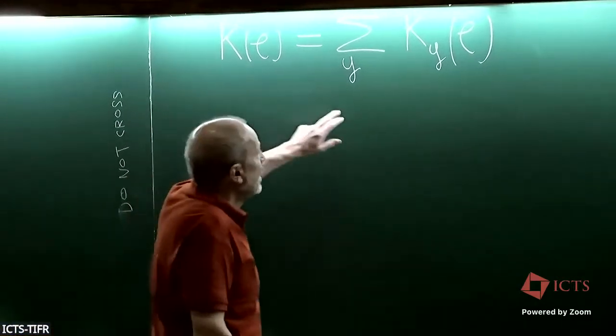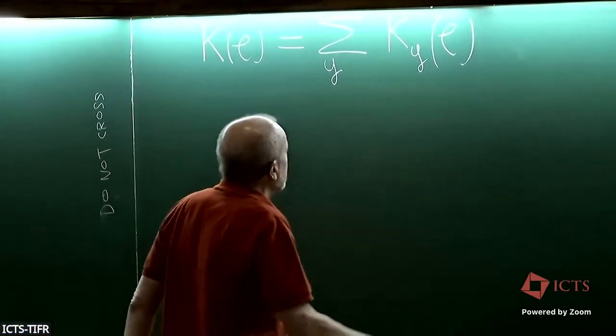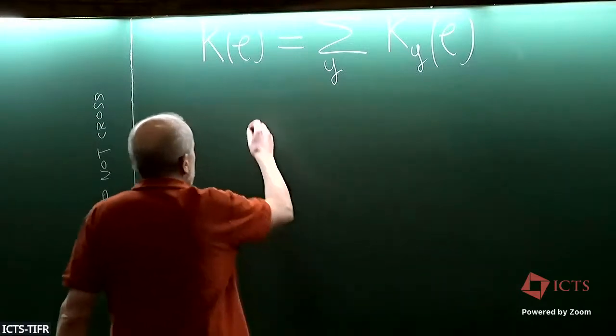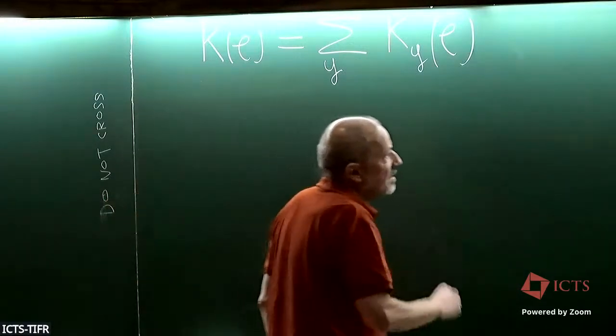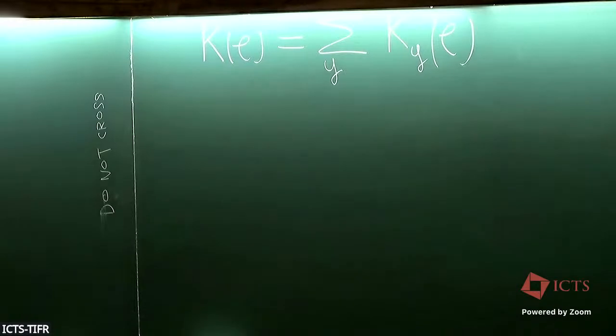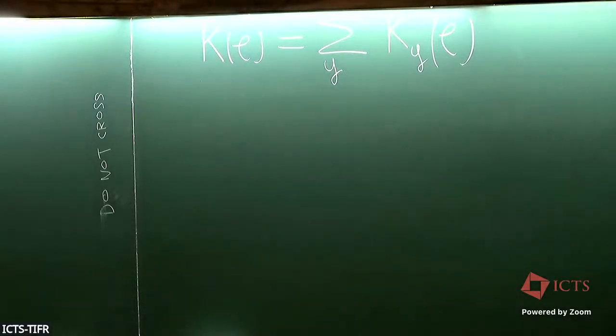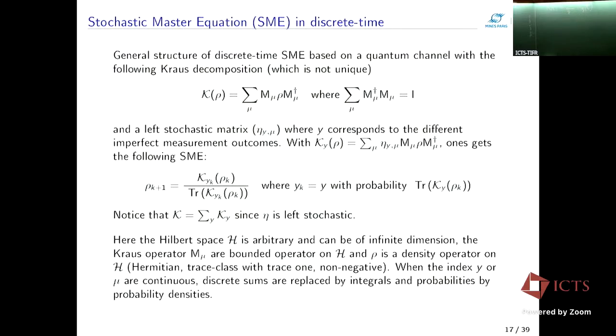How to obtain this from elementary things? It is something like this. Your quantum channel, you can always express it in this form with operators M_mu.